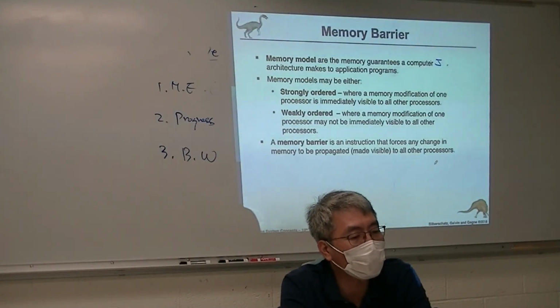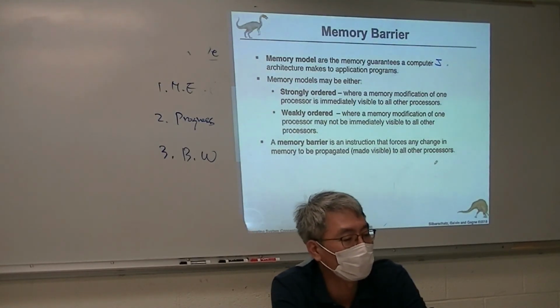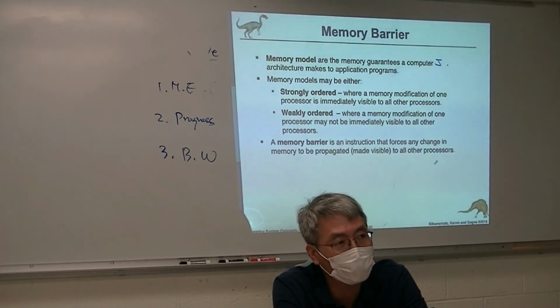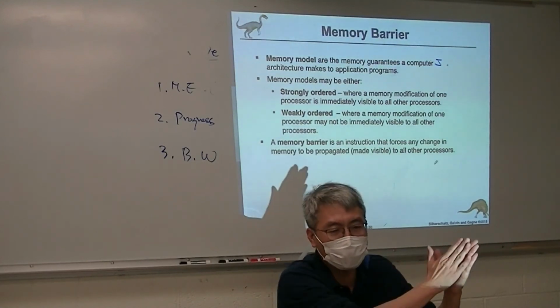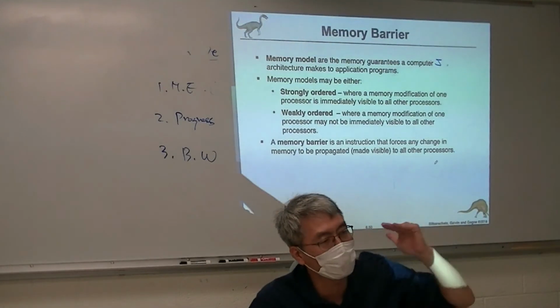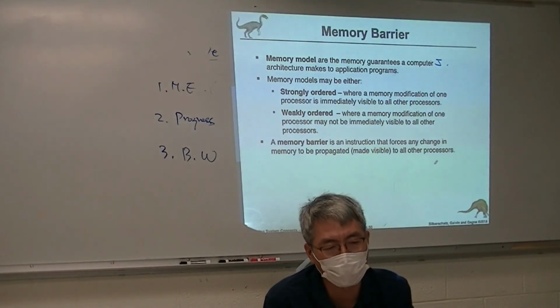Okay, there are two types of memory model. One is strongly ordered. The second is weakly ordered. Strongly ordered guarantees that all the stuff we need to synchronize follows the order of the process. But this is too strong.